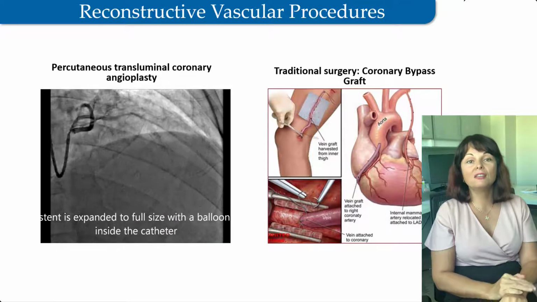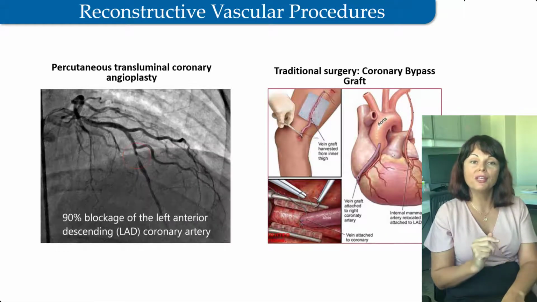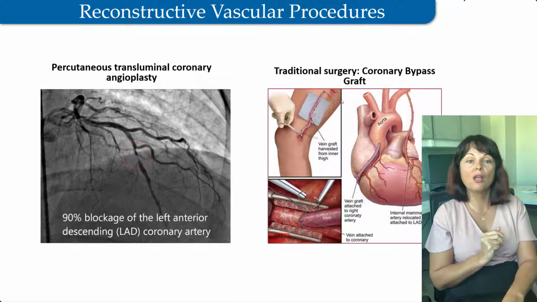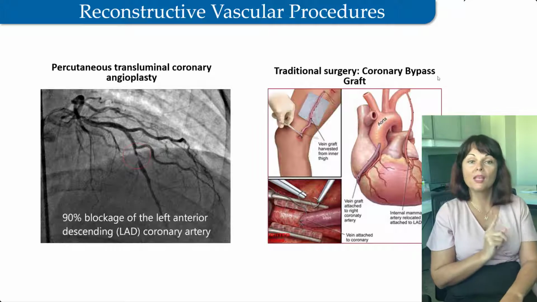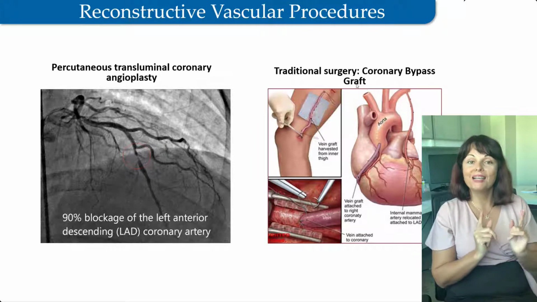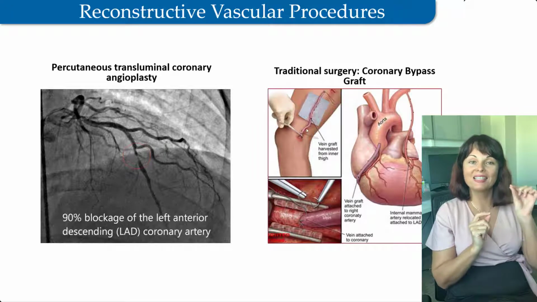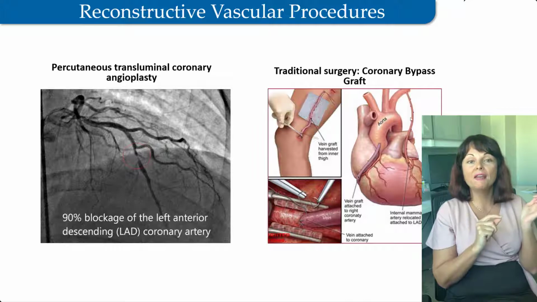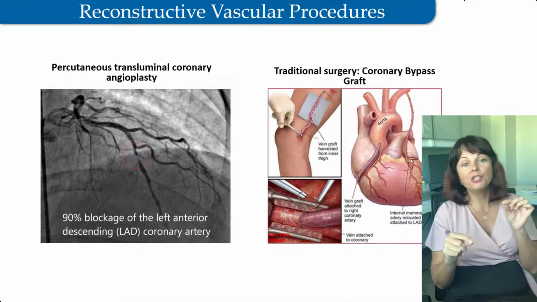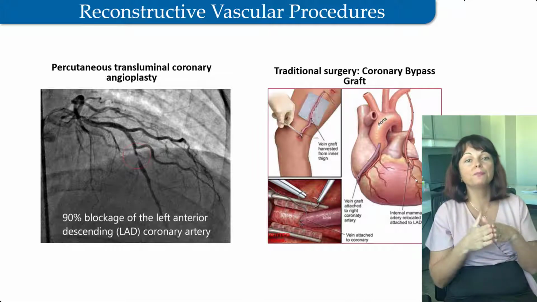Patients with contraindications to the first non-invasive method of reconstruction undergo an open surgical procedure called coronary bypass graft. In this case, a segment of an artery or vein is connected to the ascending aorta or to the proximal part of a coronary artery, and then to the coronary artery distal to the stenosis.